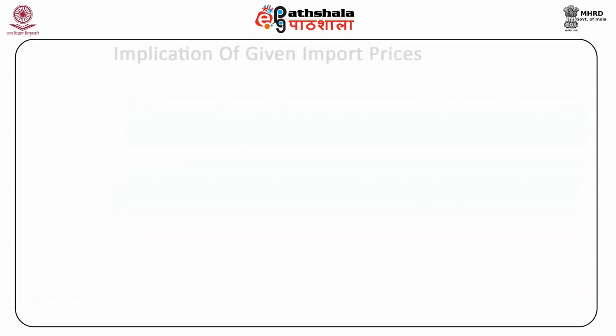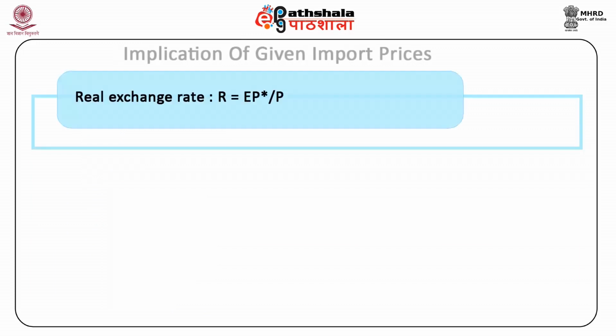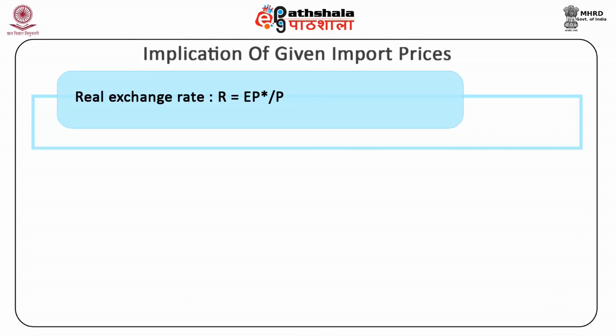An implication of this assumption is related to the real exchange rate, which is given by R = E P*/P, where E is the nominal exchange rate, P* is the price of imports which is given, and P is the domestic price level.